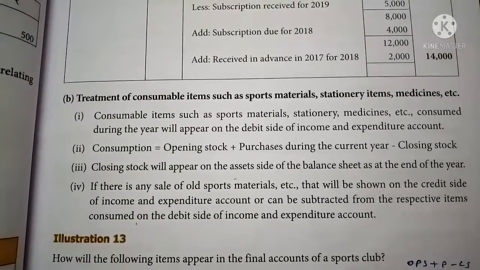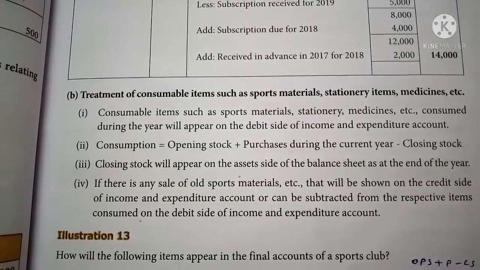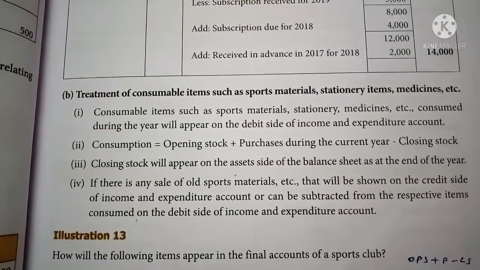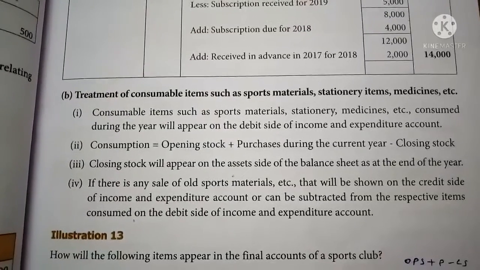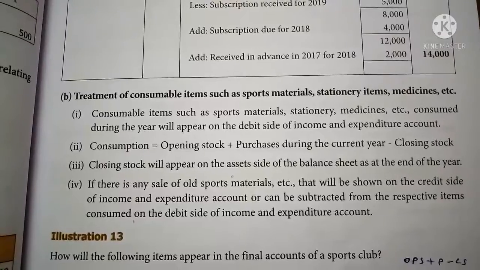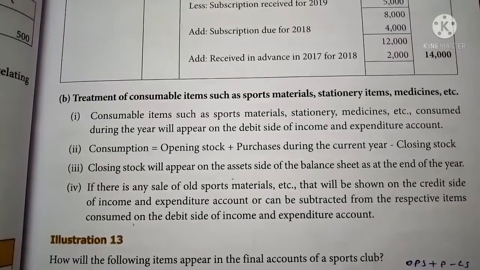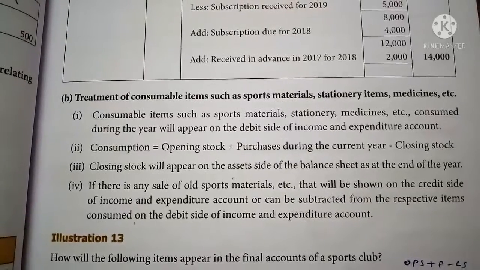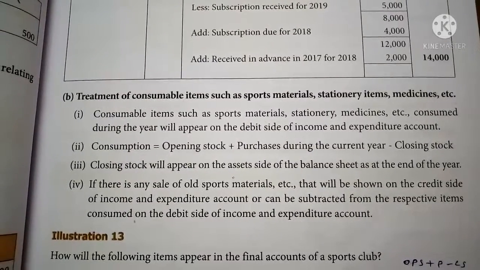These special items should be shown on the debit side of income and expenditure account, that is the expense side, by using this formula. First take opening stock, add purchase during the year, from that less closing stock, and also the closing stock should be shown on the asset side of the balance sheet.